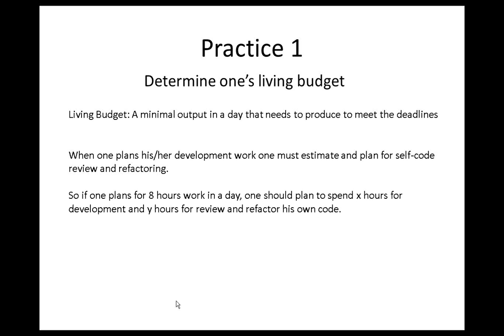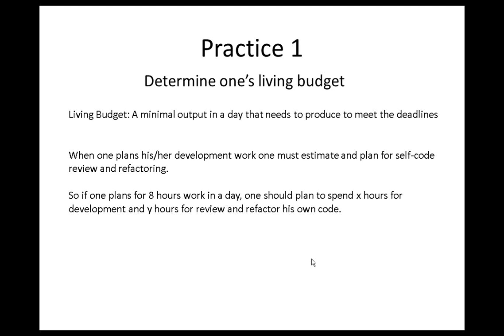So if one plans for 8 hours of work in a day, one should plan to spend X hours for development and Y hours for review and refactoring of his own code. And he should understand X hours is his living budget. It may be 7 hours, or 6 hours, or sometimes 8 hours itself. So he has to plan. But what I am saying here is, start thinking about how we can review our own code.